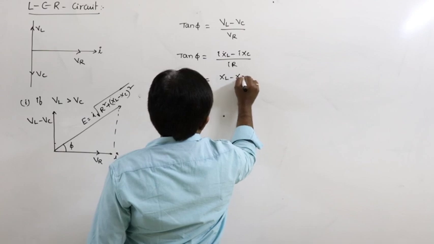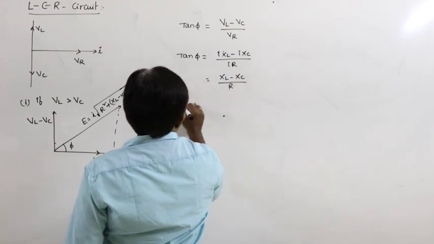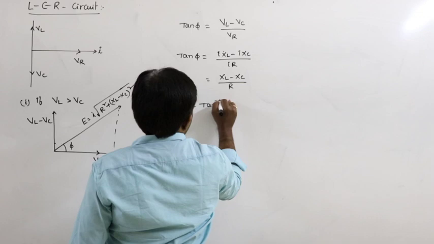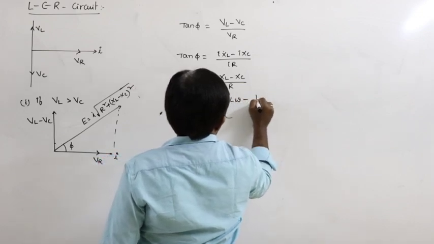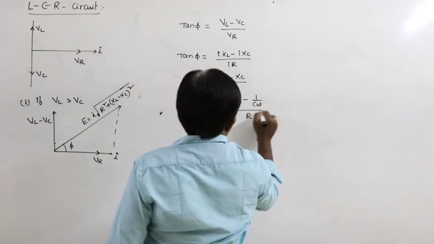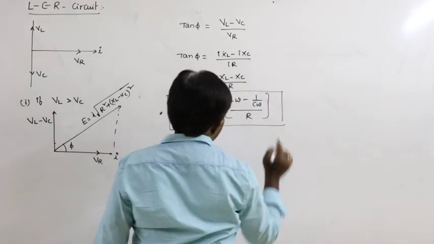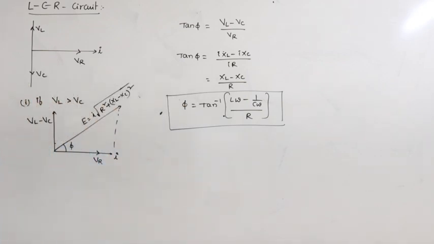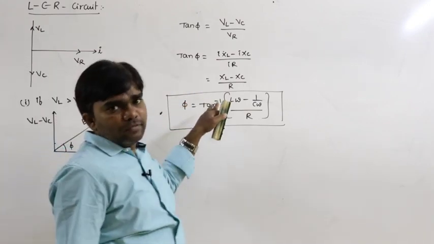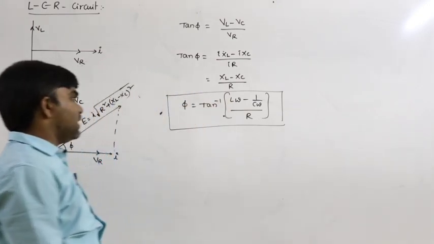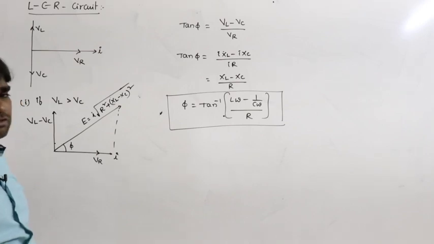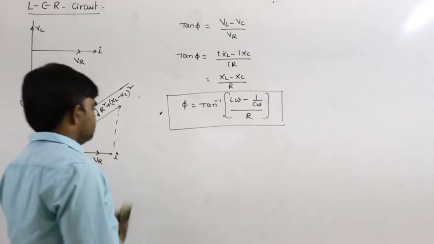So therefore XL minus XC divided by R. So from this phi is equal to tan inverse of L omega minus 1 by C omega divided by R. So this is the phase angle in this case. What is the phase difference between the EMF and current when potential across the inductor is greater than the potential across the capacitor? Phi equals tan inverse of L omega minus 1 by C omega divided by R.